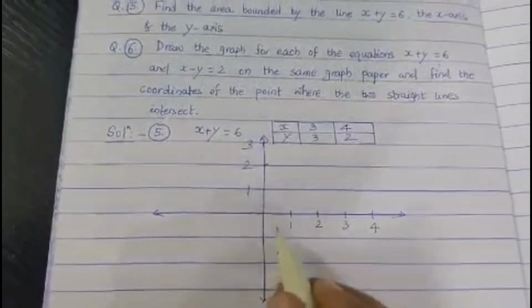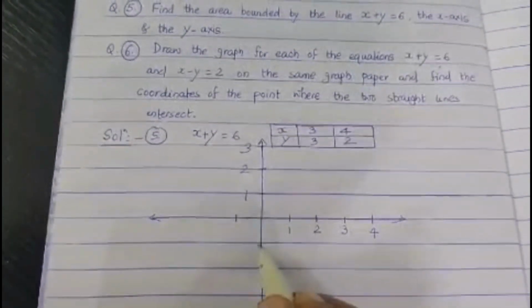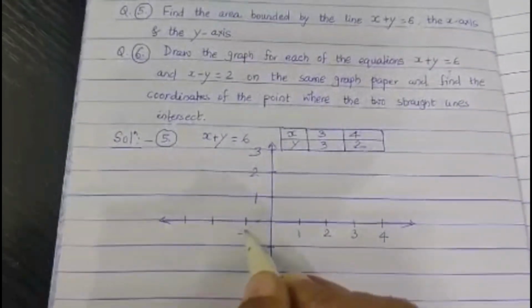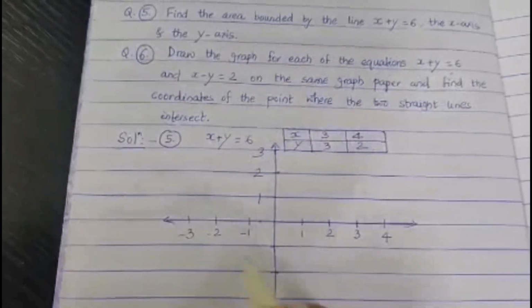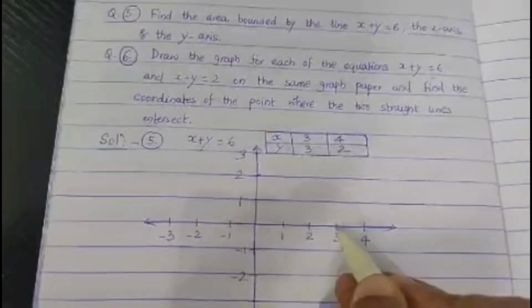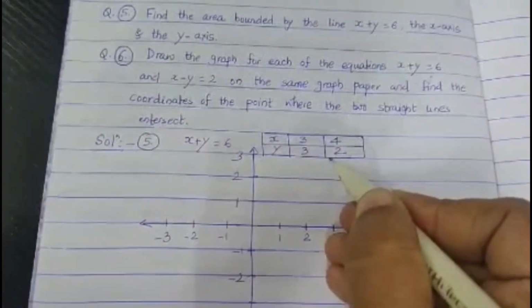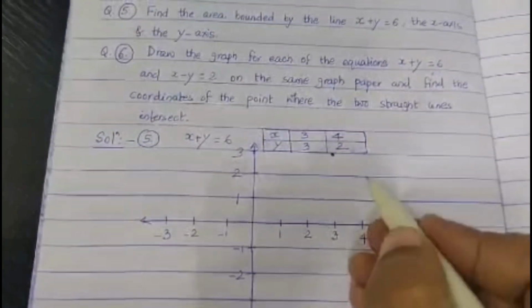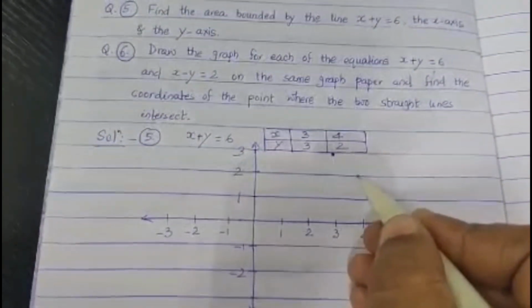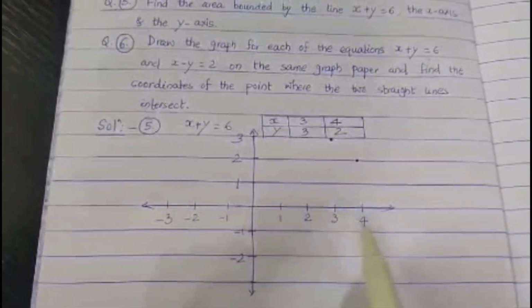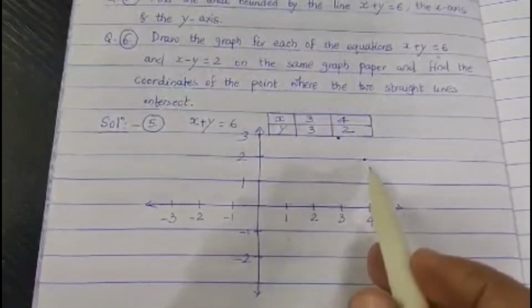I think a negative value we don't need, but let's do it. No problem. Minus 1, minus 2, minus 3, minus 1 and minus 2. When x is 3, then y is 3, so this will be here. When x is 4, then y is 2, this will be here.